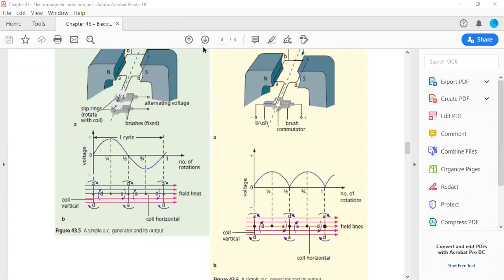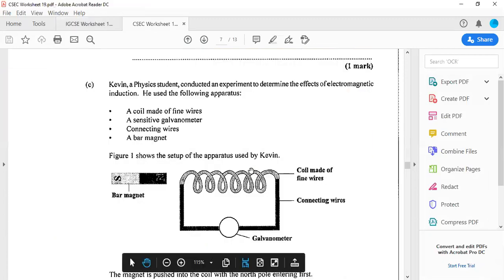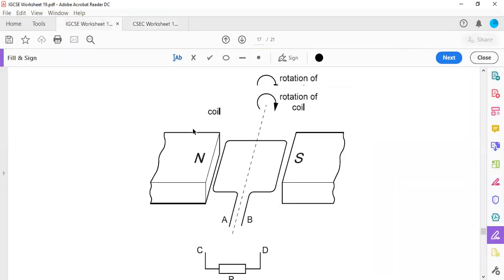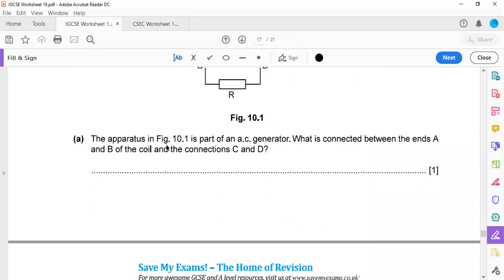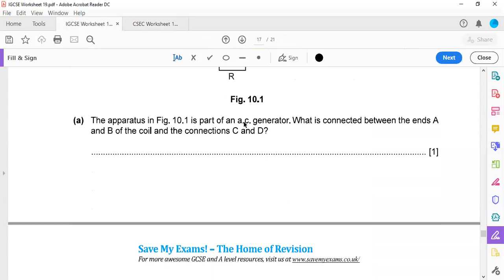Good. So we're going back to the notes, the past papers here, which say the apparatus in figure 10.1 is part of an AC generator. What is connected between the ends A and B of the coil and the connections C and D? Your answer for this would be slip rings and brushes.